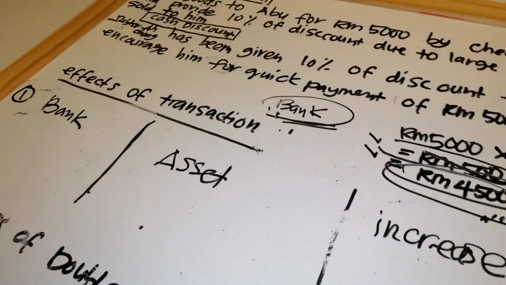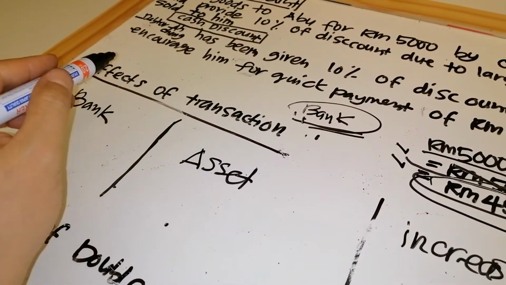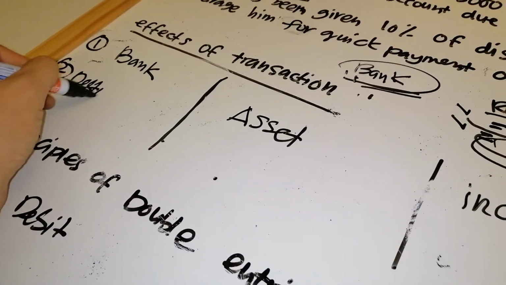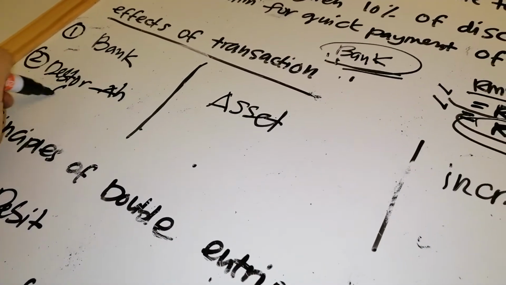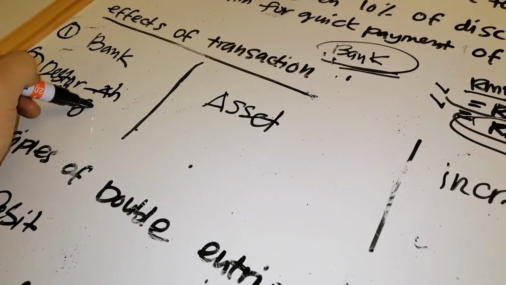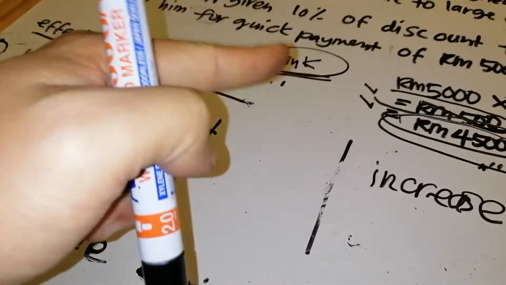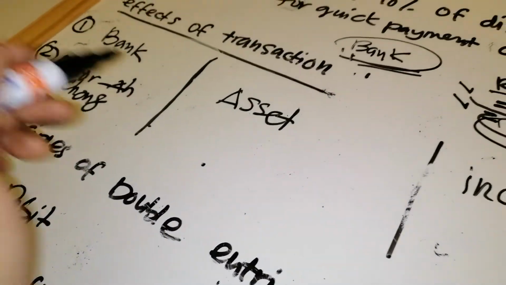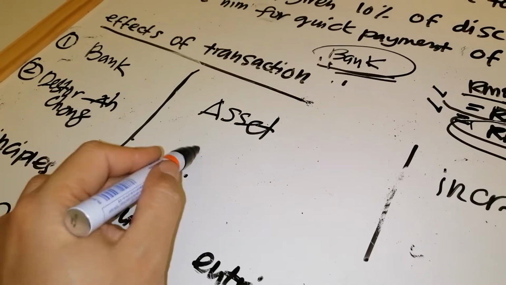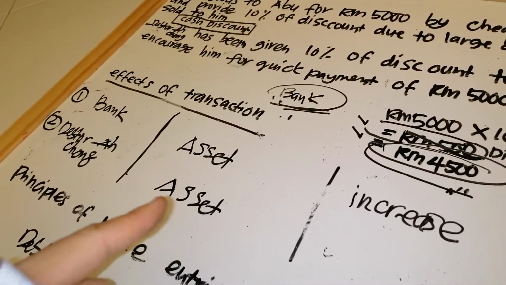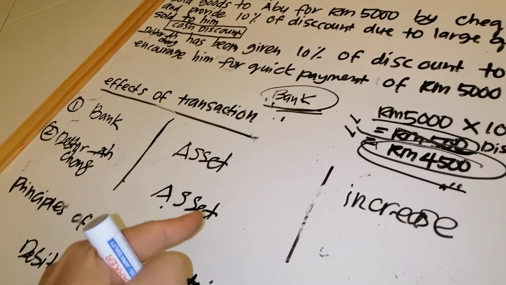Second effect here, who paid? Okay, debtor, Acong. Same as before, who got the discount? Debtor, Acong. Now, who paid your business for quick payment? Debtor, Acong. Debtor is also under asset. Now, you no longer have rights toward the debtor because the debtor has paid.